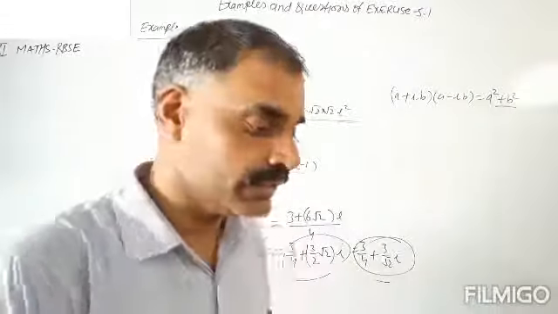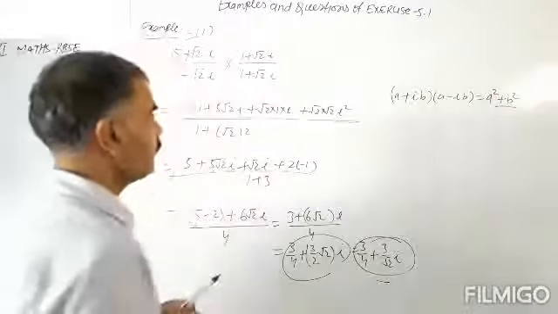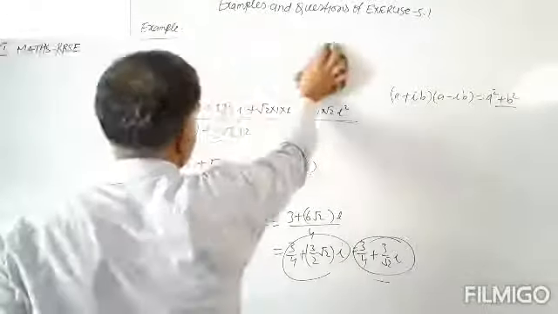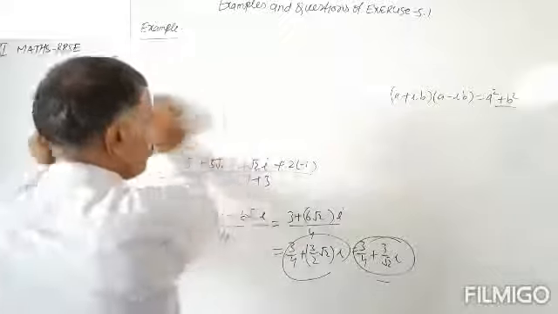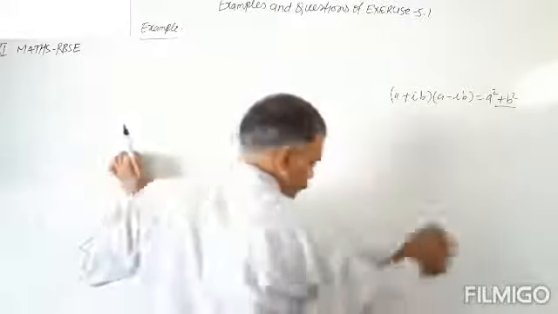The next part is iota to the power minus 35, and we want to put this in the standard form of the complex number.